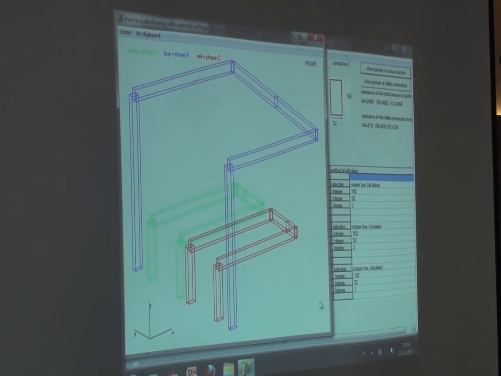Now, there are some formulas which we can use to calculate from this to this. And I do not have the formulas which can calculate from this to this. I can give you only the results.